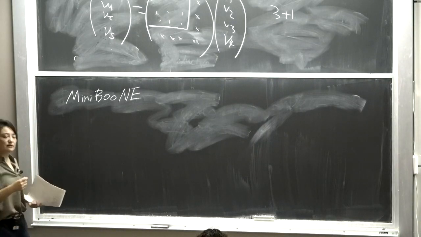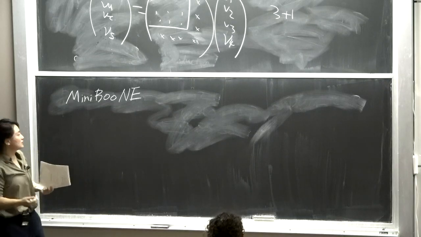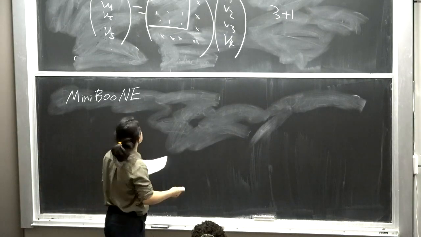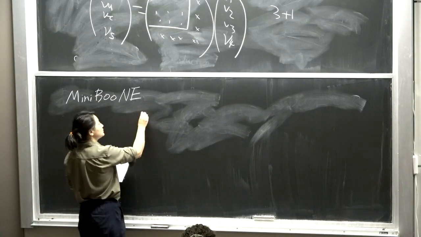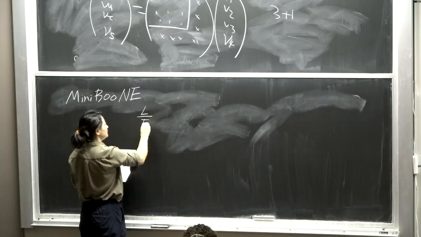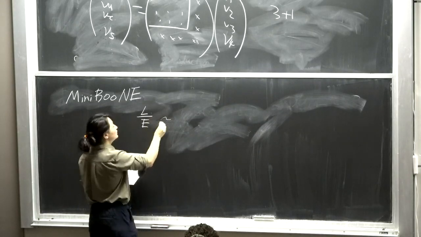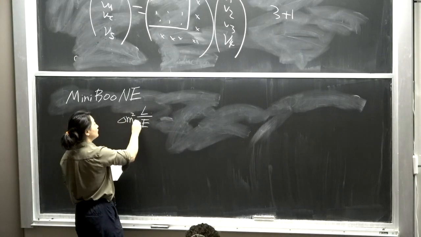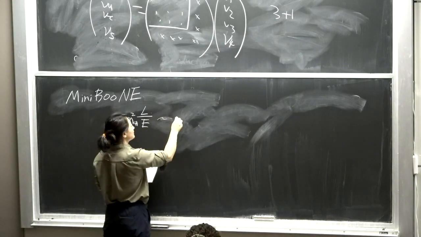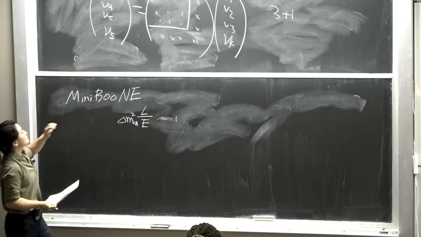And because you want to test oscillation, you want to try different settings so that experiments have different systematics. If you want to test the same signal, the only thing you need to control is L over E: you can change L, you can change E, as long as your delta m squared times L over E is of order 1. So this is what MiniBooNE did.